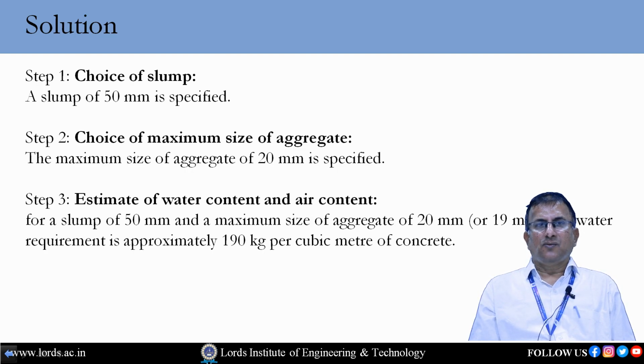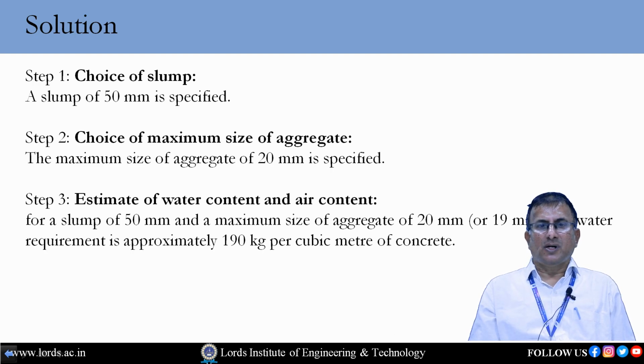Now estimation of water content and also the air content. Selection of water content and air content is purely based on the slump of 50 mm that we have assumed and the aggregate size of 20 mm. There we can get the value of water content.